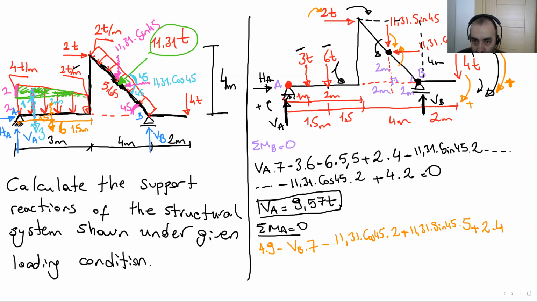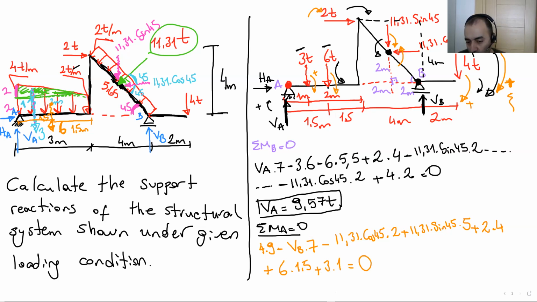It rotates the system in this direction, same as the initial assumption. It's positive: plus 6 times 1.5 meter. Now 3 rotates the system in the positive direction. It's positive: 3 times 1 meter equals 0.